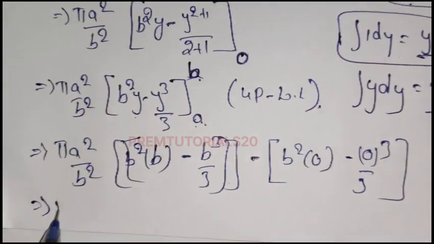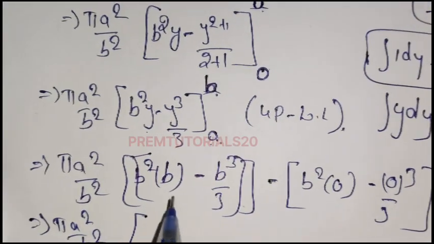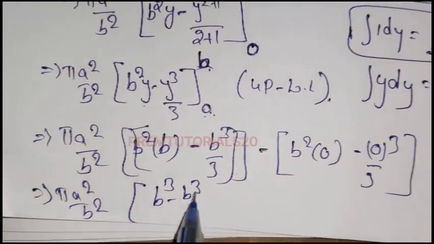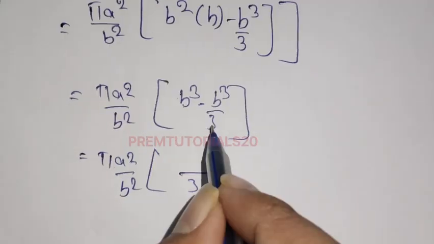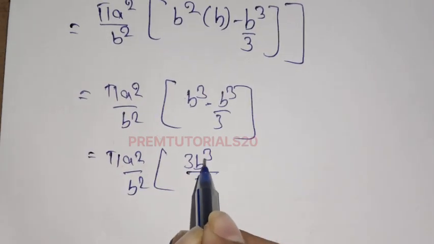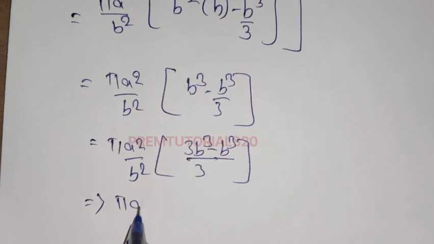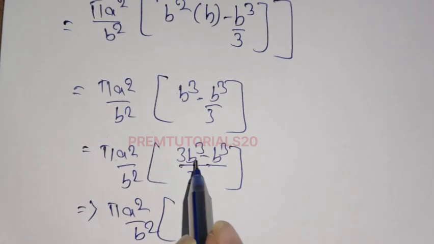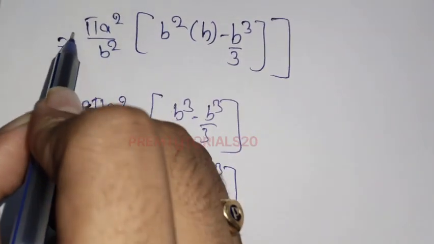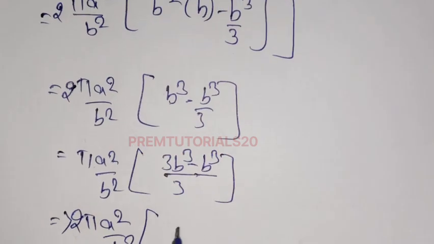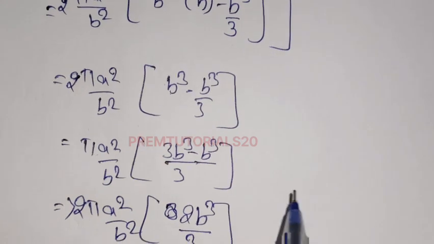Now the final answer becomes pi a square by b square, b square into b, that means b cube, minus b cube by 3, minus 0. Taking 3 common, 3b cube minus b cube means 2b cube by 3.